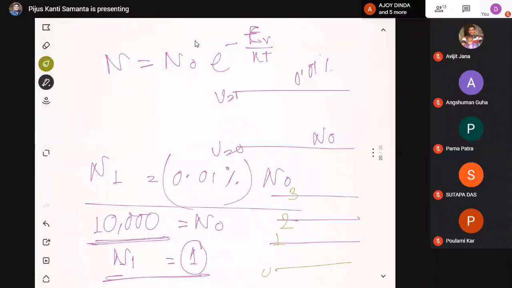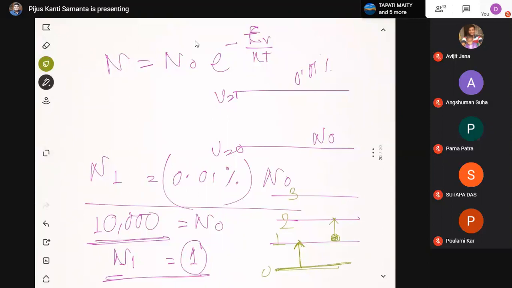Here there are only 10,000 molecules. If at least 50% make a transition, 5,000 molecules will transit from 0 to 1, and here only one molecule is there. So this transition probability is very small, and the intensity is very small.